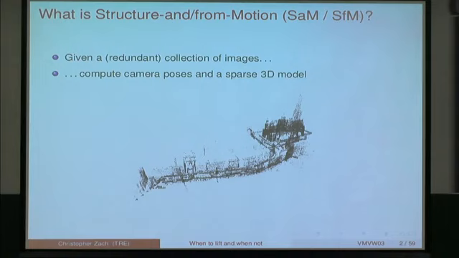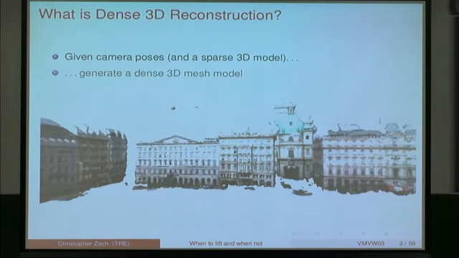You can go one step further. Given this sparse point cloud, plus what you also get as a byproduct, and what you're usually most interested in, the positions of the cameras, so where the pictures were taken, you can create what we call a dense 3D reconstruction. Yes, this is Vienna, this is the Graben.